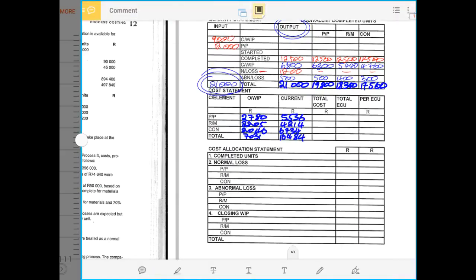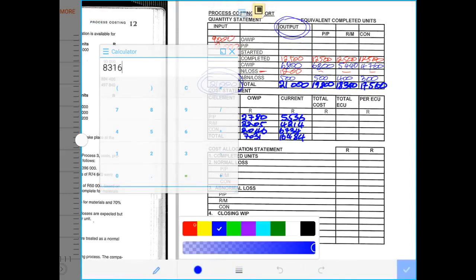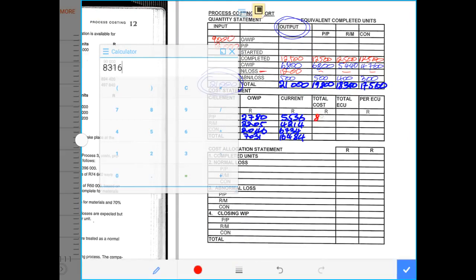Then now we have calculated all this cost, we can have our total cost. Our total cost is very simple. It's opening plus current is equal to total cost, meaning 2,780 plus 5,536. This will give us an amount of 8,316.